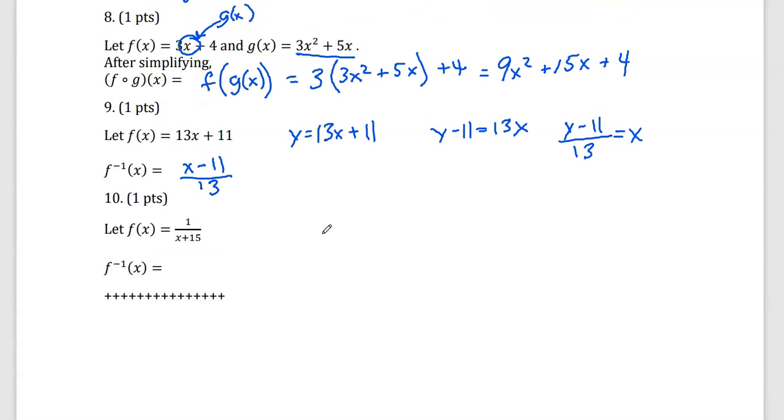Last one. Same technique. y equals 1 over x plus 15. Solve for x. Multiply by this, divide by that. Common thing. I get x plus 15 equals 1 over y.